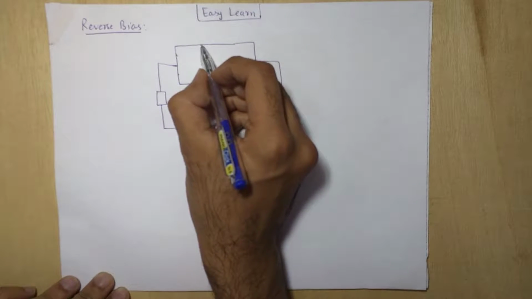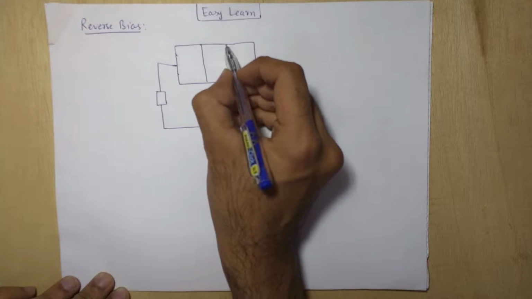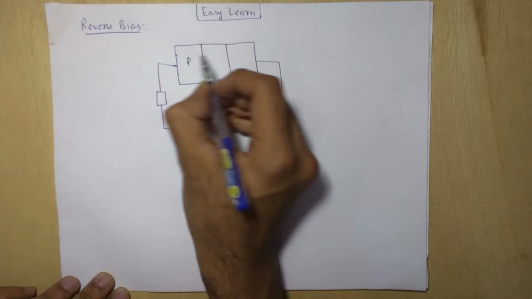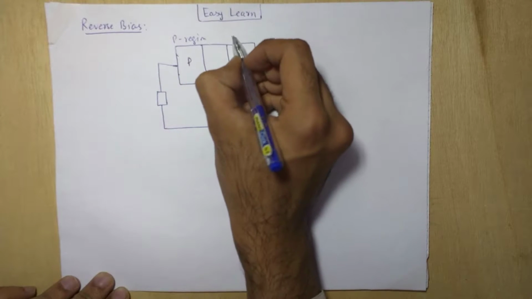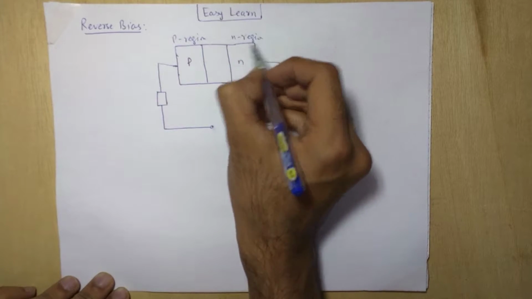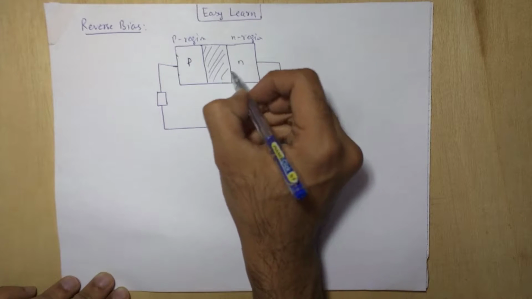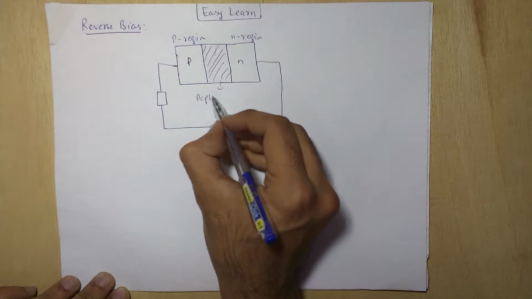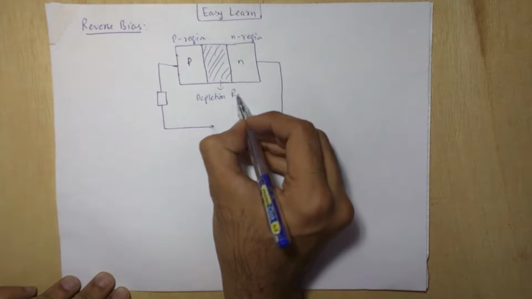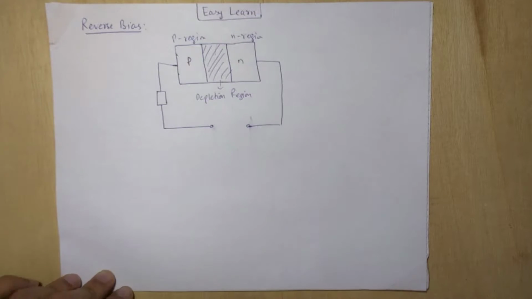This is the p region, and this is the n region, and the highlighted part is the depletion region. This is the depletion region.